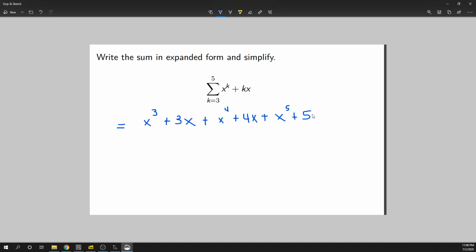And we get this. And 5 was the stopping number, so we would stop there. So you can see what we get here is a polynomial, right, in x. We can simplify that out and combine any like terms that we have, which we have 7 plus 5 is 12x over here.